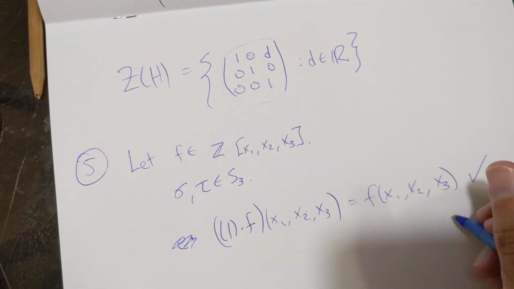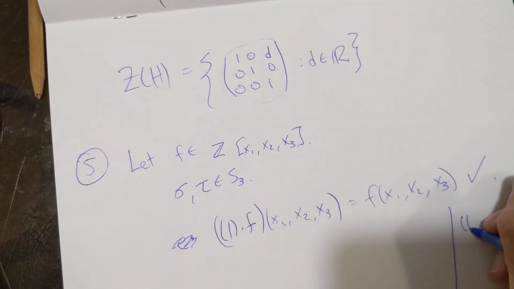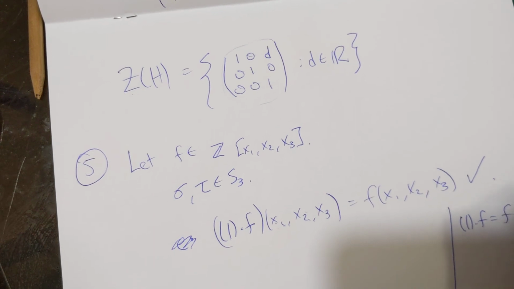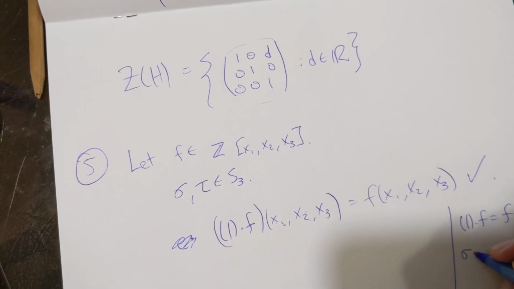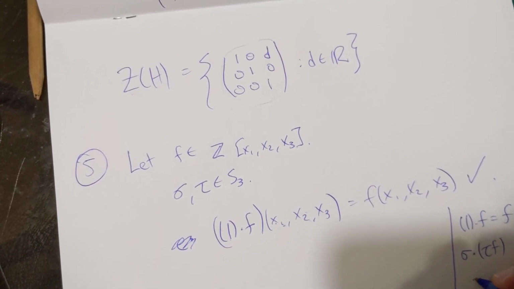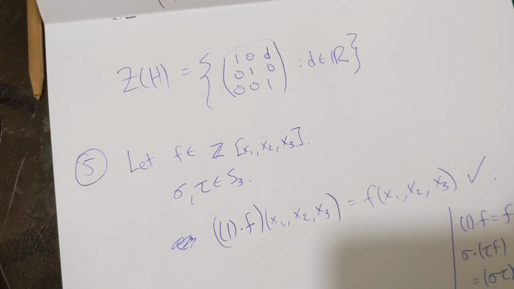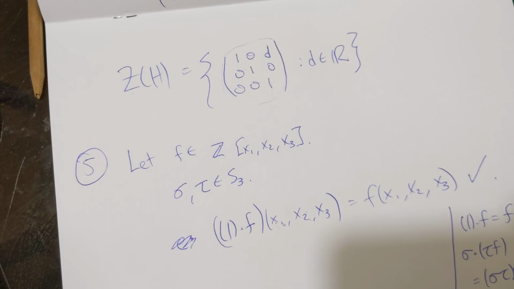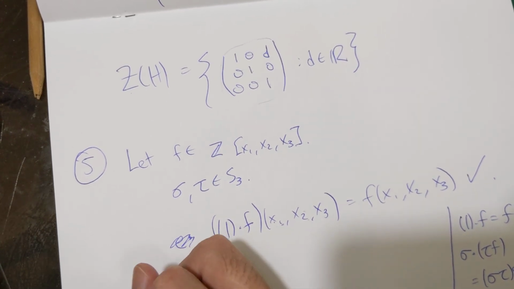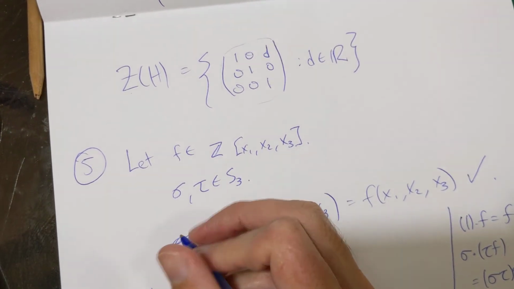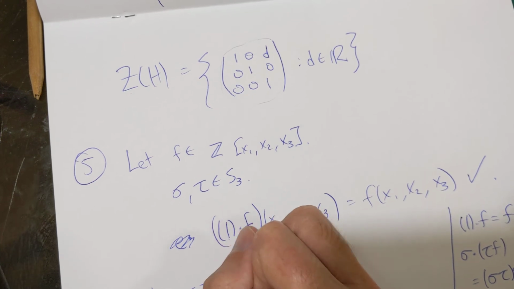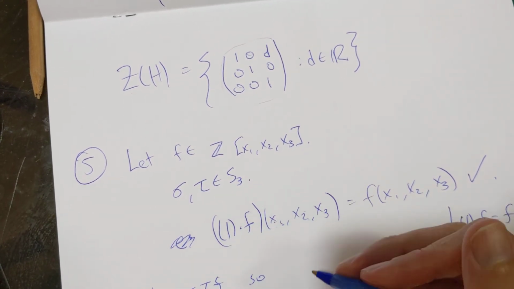Now the other thing to check, so we've shown that 1 times f equals f, and we also have to check that sigma tau f is just sigma of tau f. Okay, so let's do that. Let g be tau f.